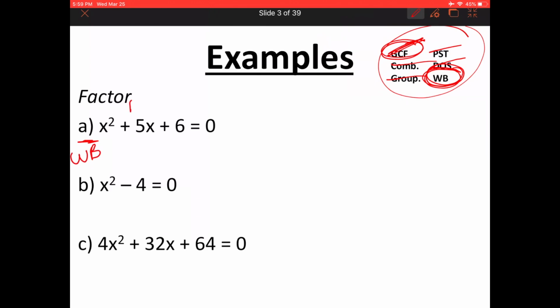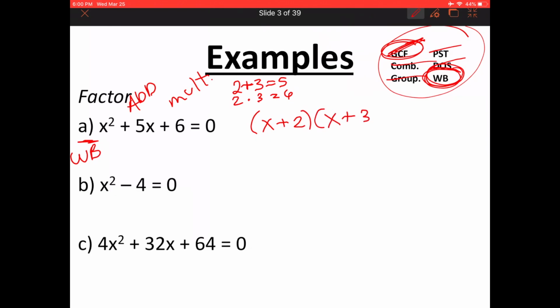For working backwards, I need two numbers that add to 5 and that multiply to 6. So we think that through. The two numbers I come up with are 2 and 3, because 2 plus 3 equals 5, and 2 times 3 equals 6. So my final factored form for example A would be x plus 2, x plus 3. So there's my final answer for example A.